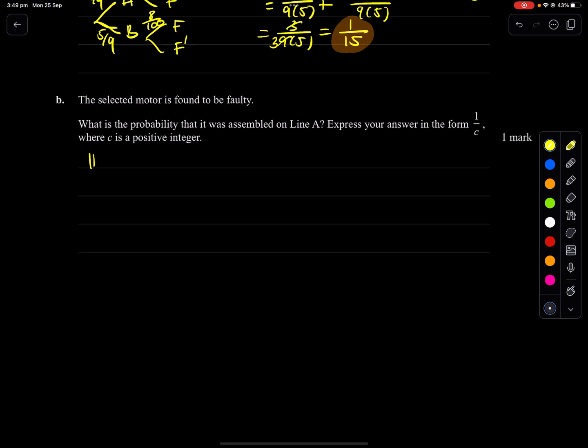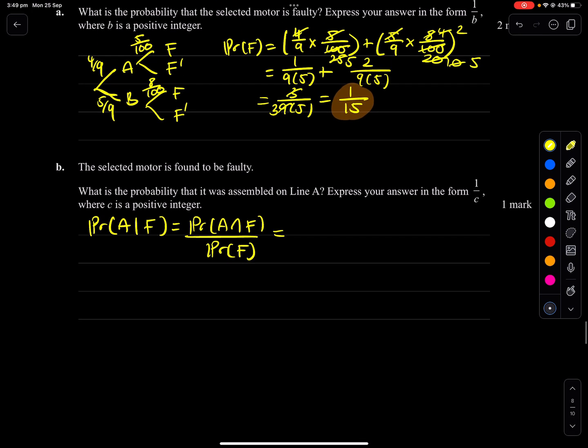So this is what we're saying. What's the probability that it's assembled on line A, given it's faulty? So we want the probability of A intersection F over the probability of F. A intersection F is easy, because we've seen that's just 1 over 9, 5.